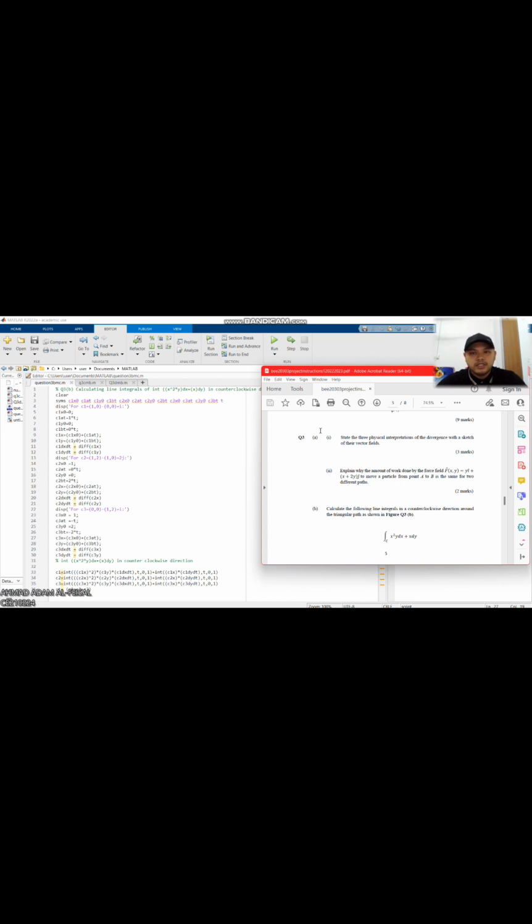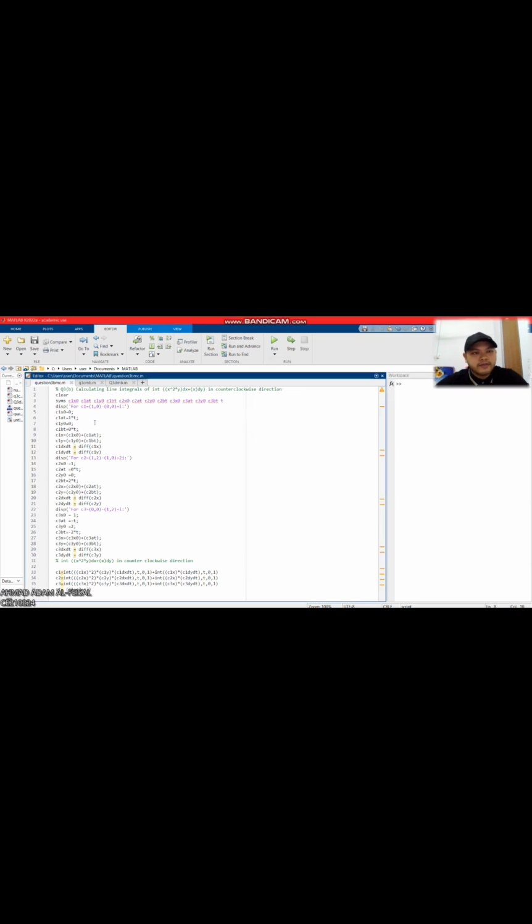written in other languages. For question 3b, calculate the line integral of x squared times y dx plus x dy in a counterclockwise direction. So C1 equals (1, 0) minus (0, 0) equals i. C2 is (1, 2) minus (1, 0) equals 2j.